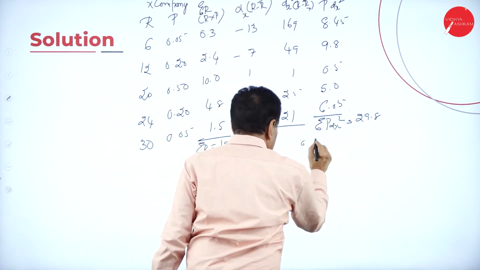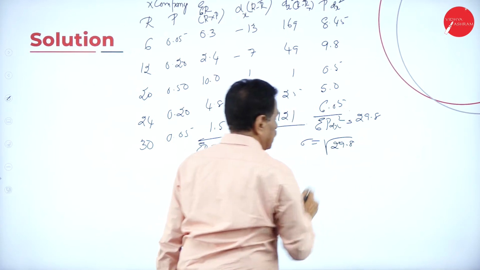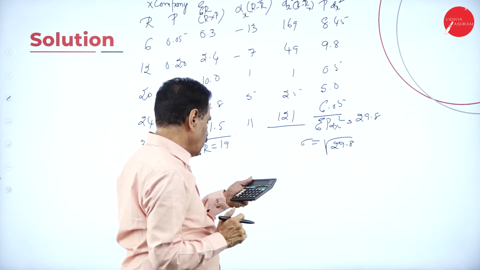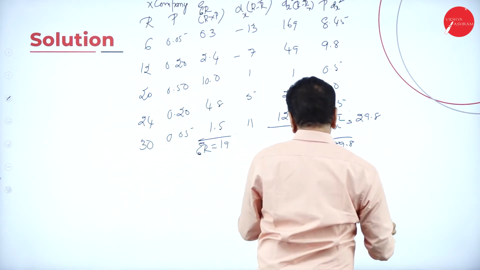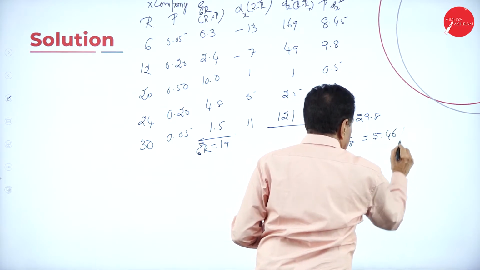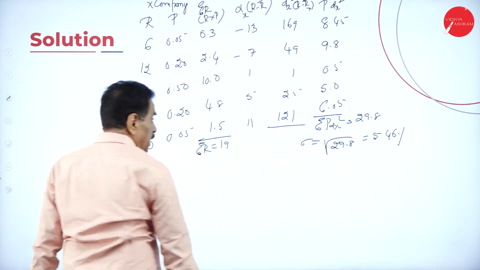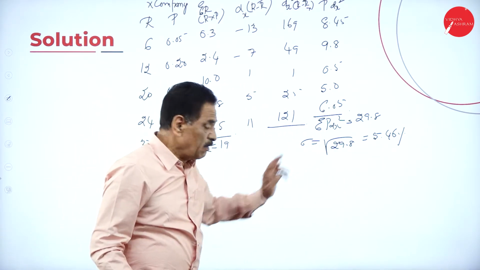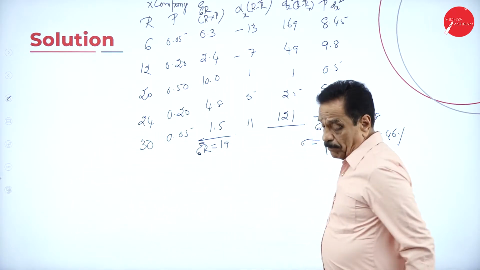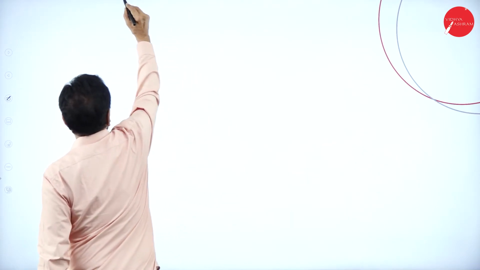Standard deviation is equal to root of 29.8, so standard deviation is 5.458, we can say 5.46%. Your expected return is 19 and standard deviation is 5.46. This goes in favor of company X. Then company Y.